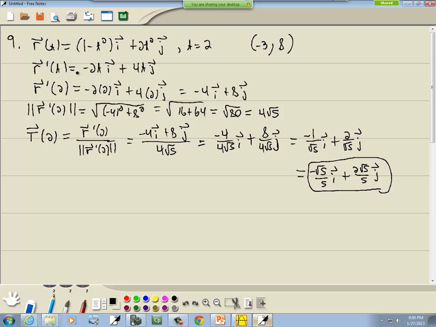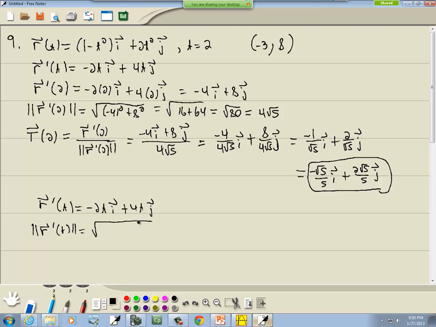Now, unfortunately on this one, if I try to do the shortcut, let's just go through the formula. Let's find T the old way. So r prime is equal to negative 2t i plus 4t j. And then I need the magnitude of that.